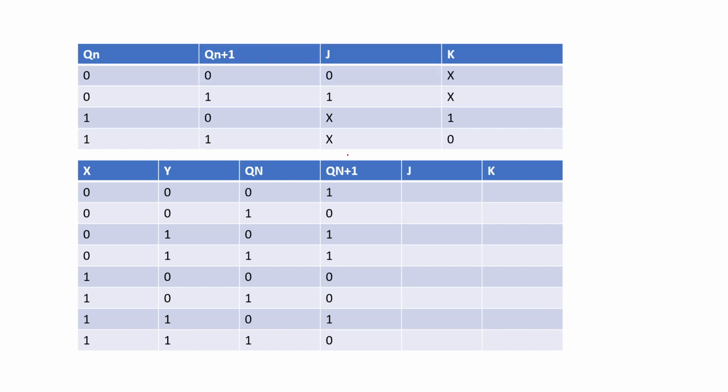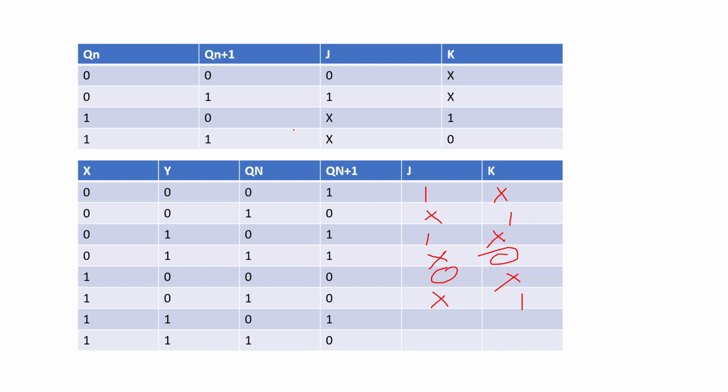Now we have to write down the excitation table of a JK flip-flop. When Qn is 0 and Qn plus 1 is 0, it's 0x. When it's 0 to 1, it's 1x. When it's 1 to 0, it's x1.